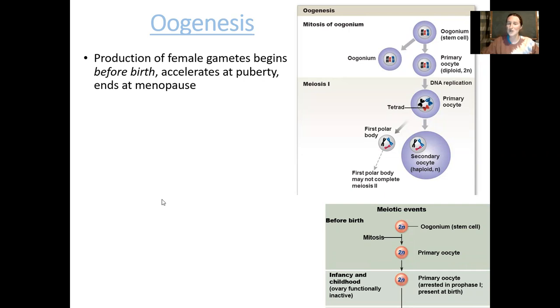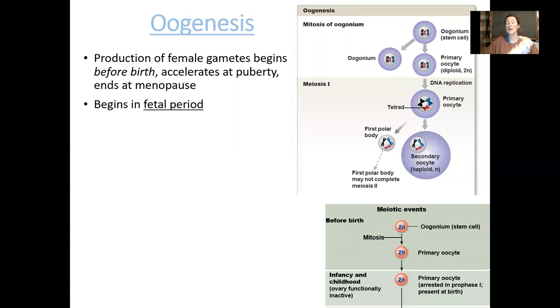Cool stuff. And so this process starts before birth, and then it stops, and it's paused for years. And then every month from puberty until the time you hit menopause, in theory, a single one of these eggs is selected through some mysterious process to this day we don't understand, but some of these eggs are selected and they continue the process of meiosis.